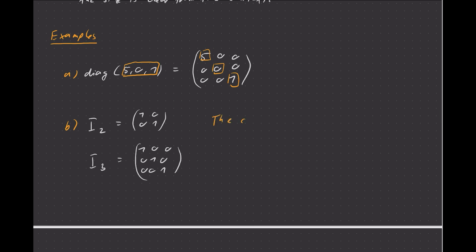So the columns and rows of identity matrices are unit vectors.